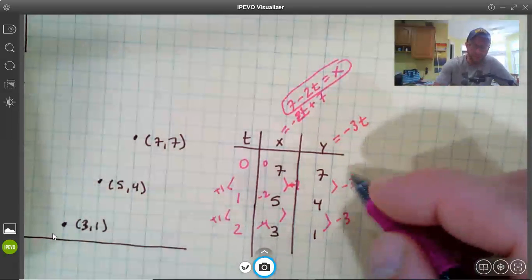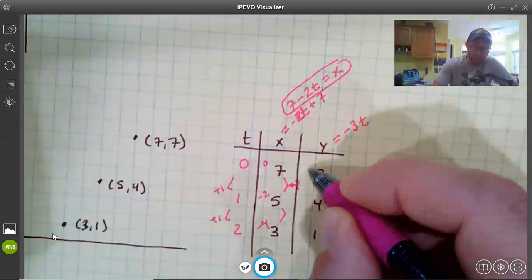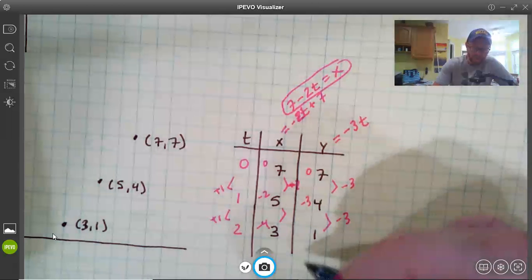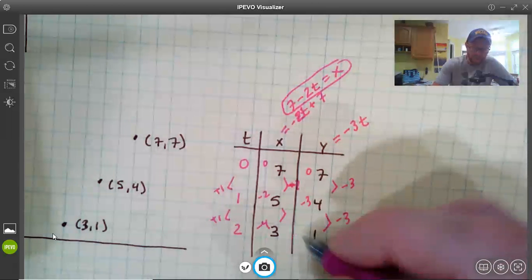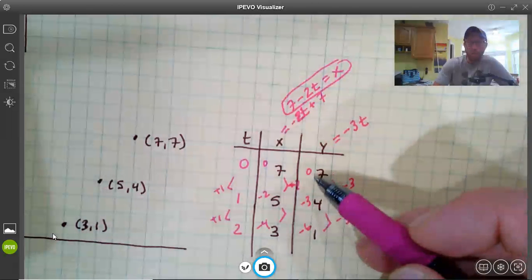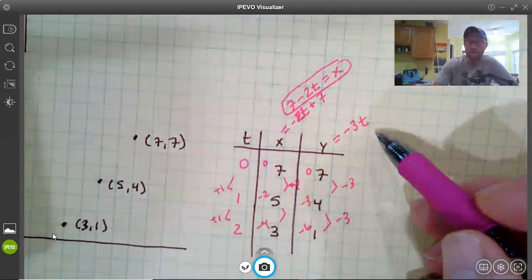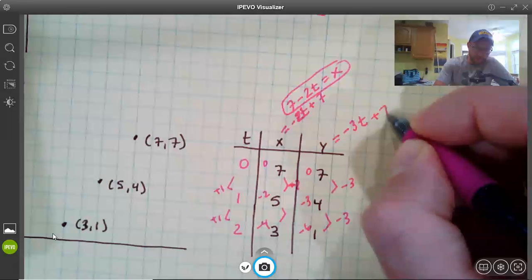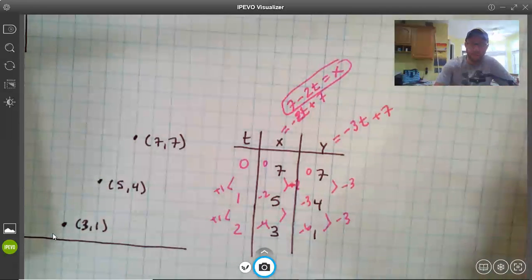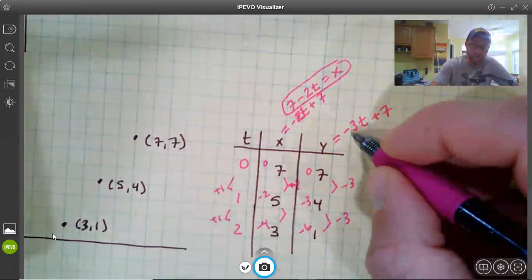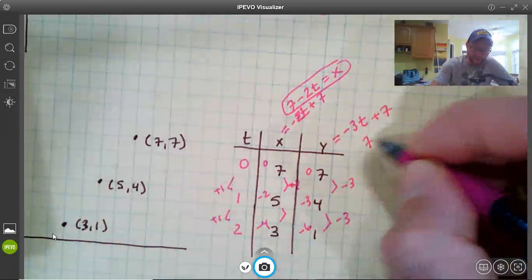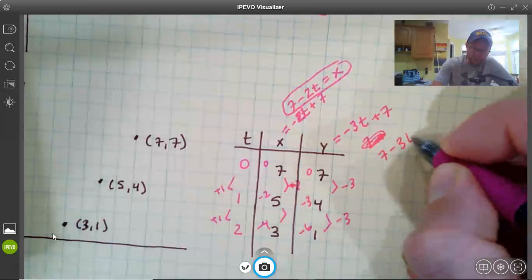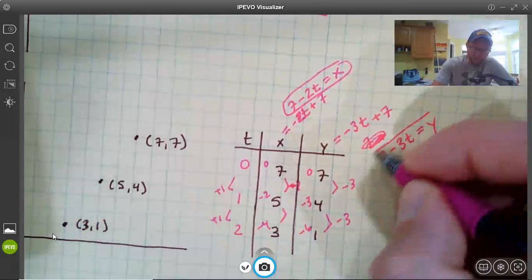But negative 3t would output 0, negative 3, and negative 6. I don't want that. I need to adjust it by adding 7 to each of these. So it's plus 7. I don't like the negative hanging out up front, so I'm going to write it as 7 minus 3t equals y.